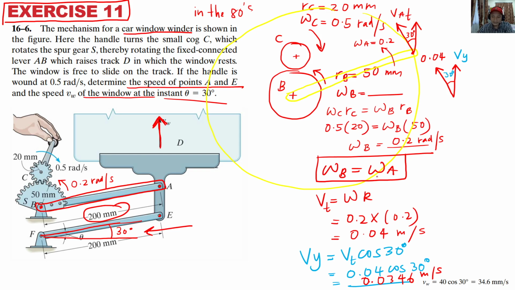Okay, so the vector is in force. This is what we are finding, since it rotates like that. This is the tangential velocity that you get.